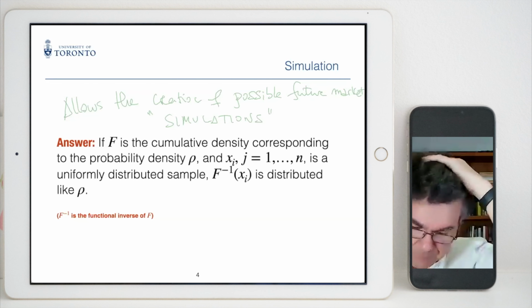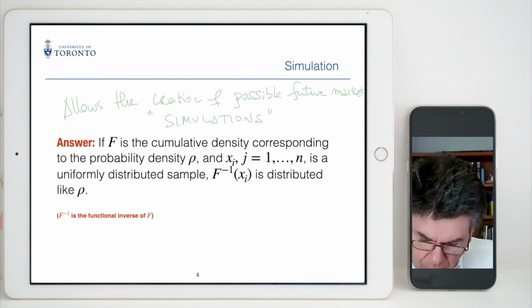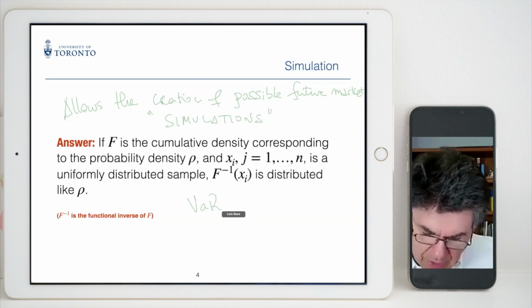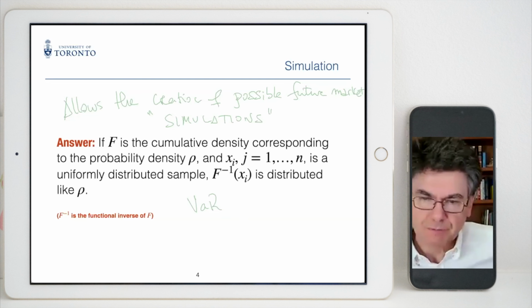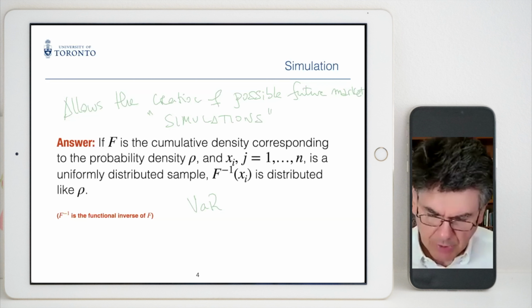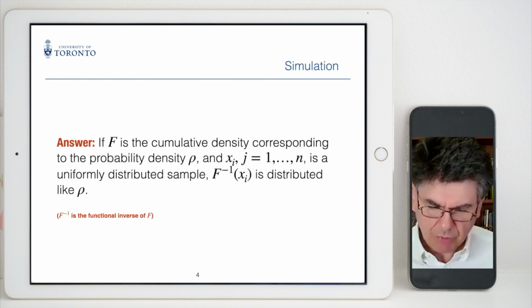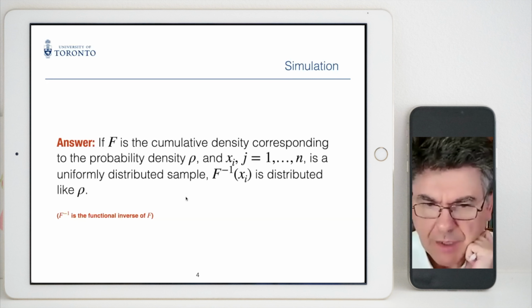We saw that we needed to simulate to be able to do, for example, value at risk calculations. We need simulations. Now we know how to do this, at least in one dimension. Today, what I want to do is show you how to do this in higher dimensions and in a variety of different conditions.